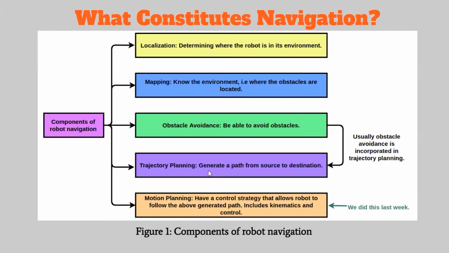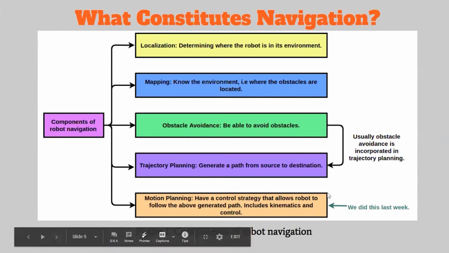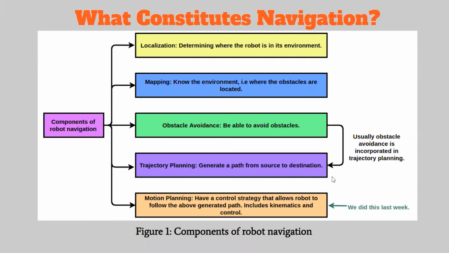That generation of a path is what is covered under trajectory planning. Usually obstacle avoidance is integrated in trajectory planning, and this is by far the most complicated module of navigation. Obstacle avoidance goes hand in hand with trajectory planning.